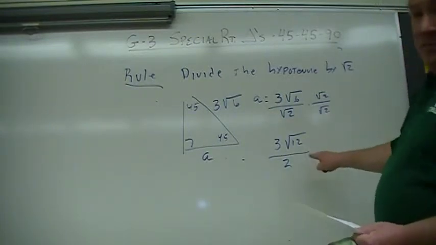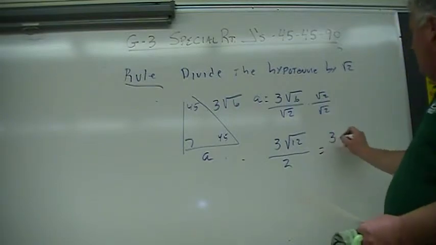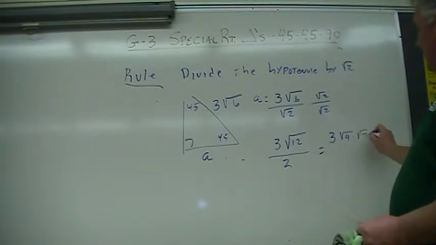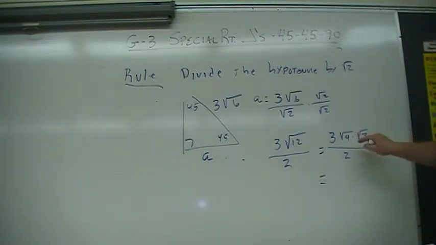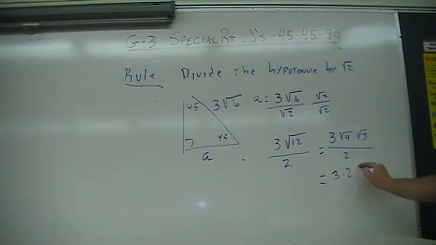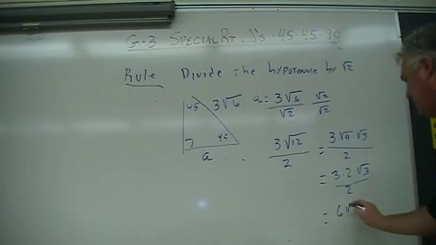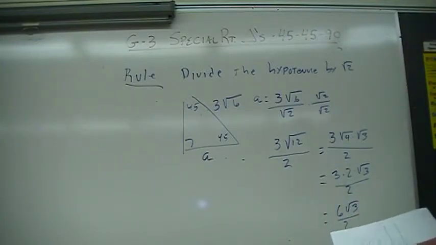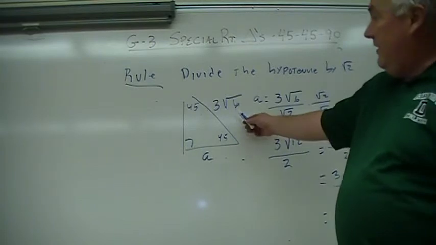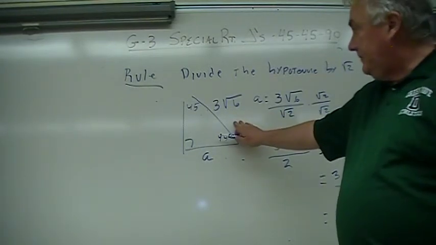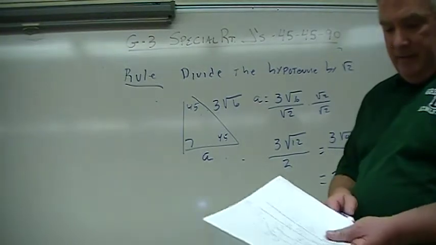We can simplify the square root of 12, remember. Square root of 4 times the square root of 3 all over 2. And what does the square root of 4 become? It's going to equal 6 times the square root of 3 all over 2. And do you remember 6 divided by 2 is 3? So 3 times the square root of 3. It seems like a lot of work, doesn't it? But if you're given just the hypotenuse, you can figure out the leg.